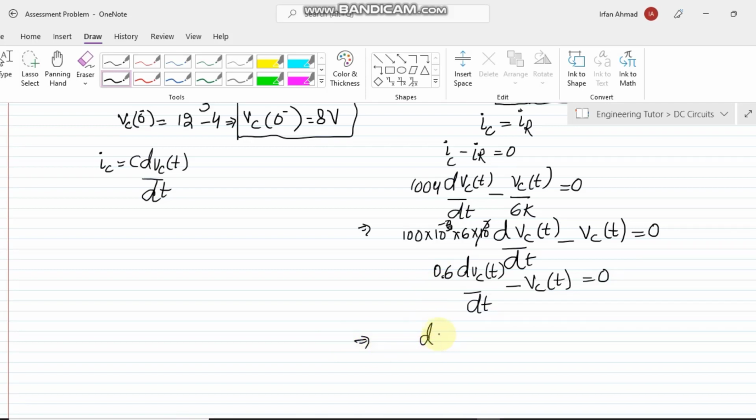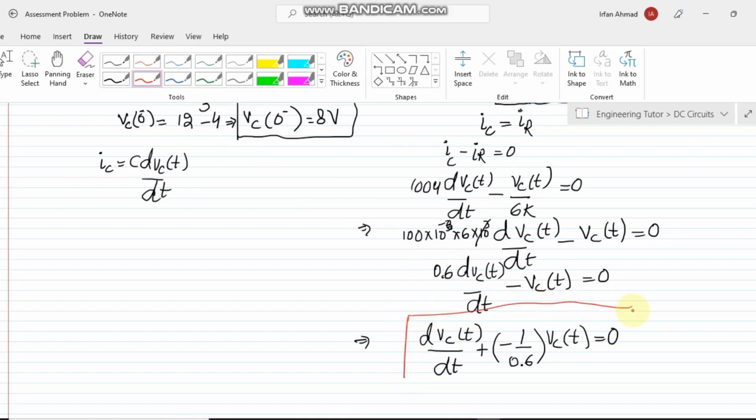Dividing both sides by 0.6, what will I get? I will get dVC(t) divided by dt plus 1 over 0.6 VC(t) equal to 0. So that is the equation which I needed. That is a first order homogeneous differential equation.